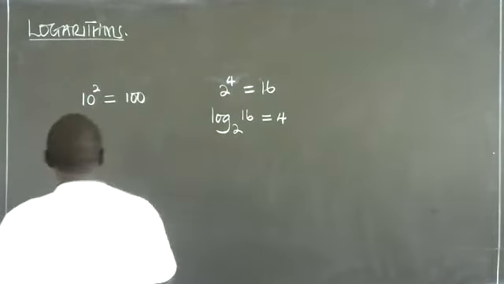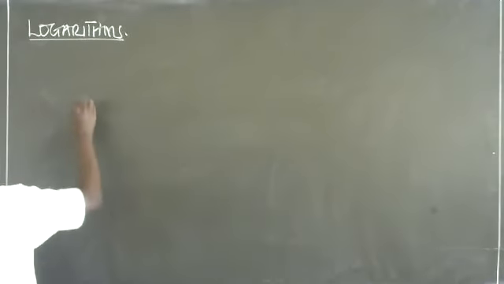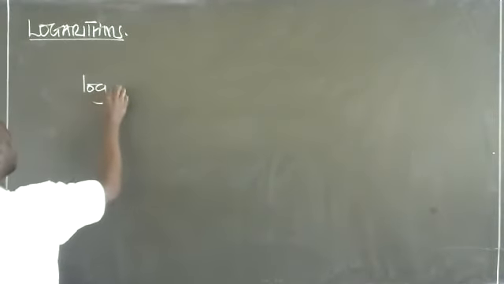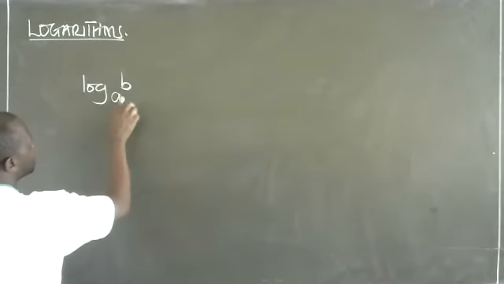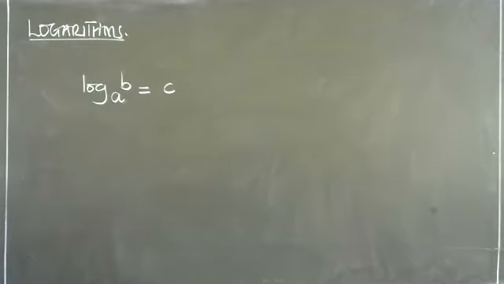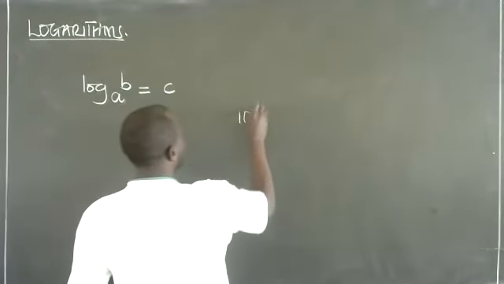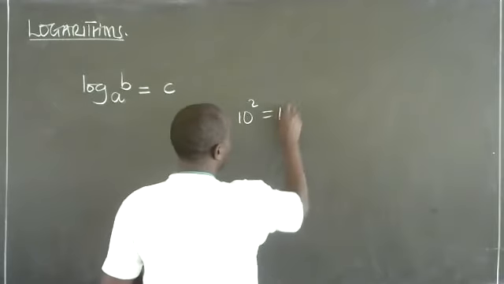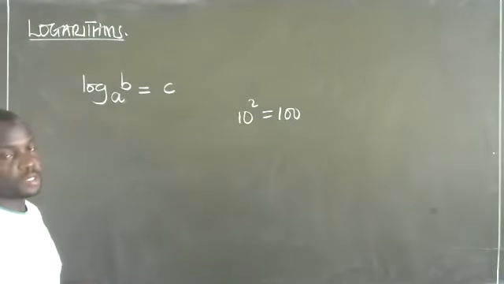Meaning, if you find someone having written something like this, logarithm of B to the base A is equal to C, and I say write it in the format 10 squared is equal to 100, what will it mean?